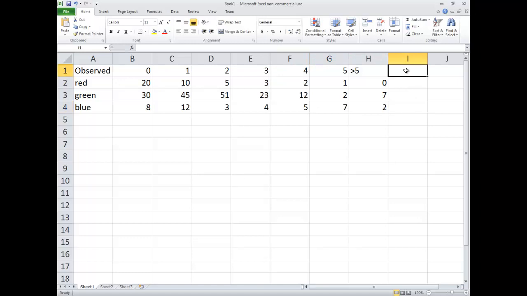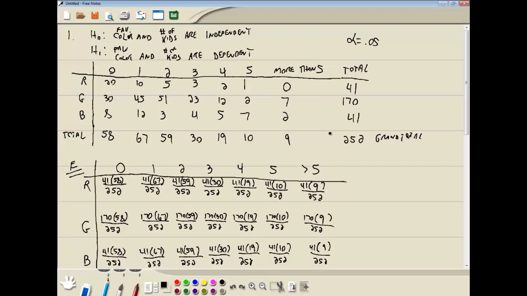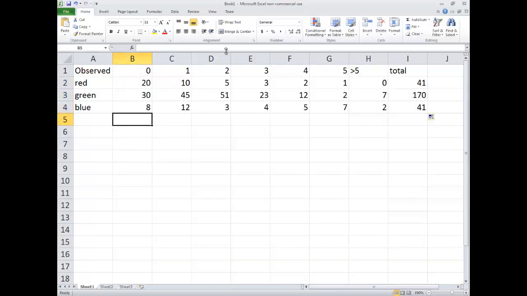And let me add these together. Don't need to do that for that below, but this is just going to verify I did my data entry right. Okay, let me add these together.